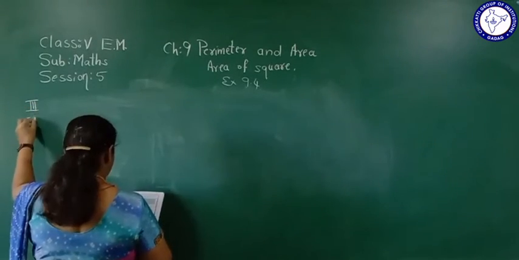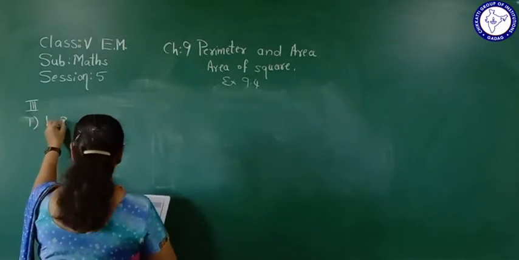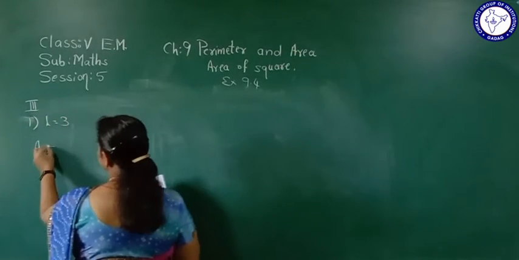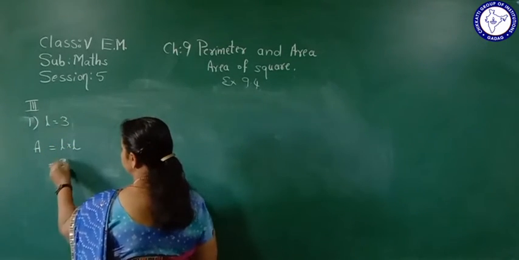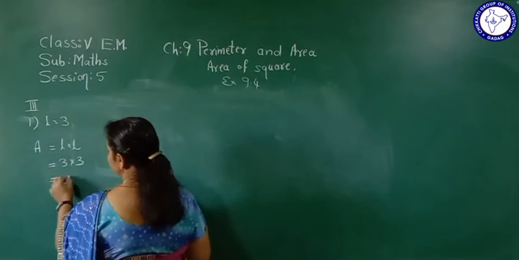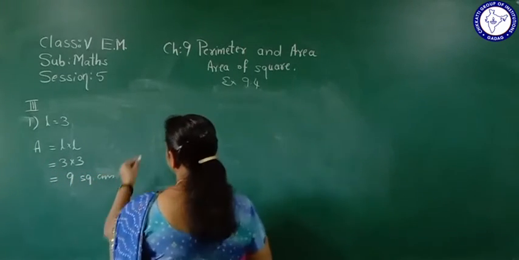We have to find its area. So first question is, here L is given 3 centimeter. Then area of a square is L into L. So here L into L is 3 into 3. So 3 3s, how much do we get? 9 square centimeters.